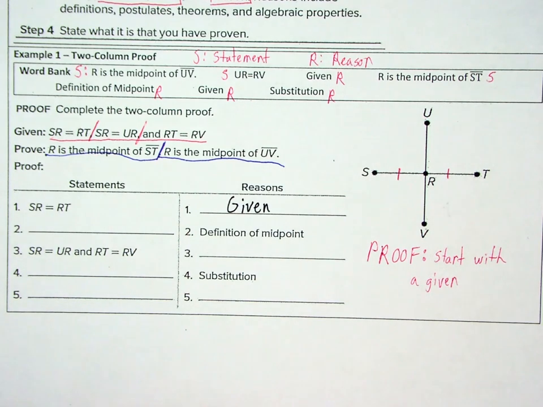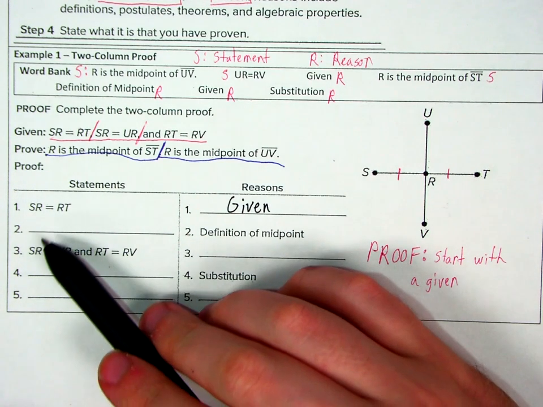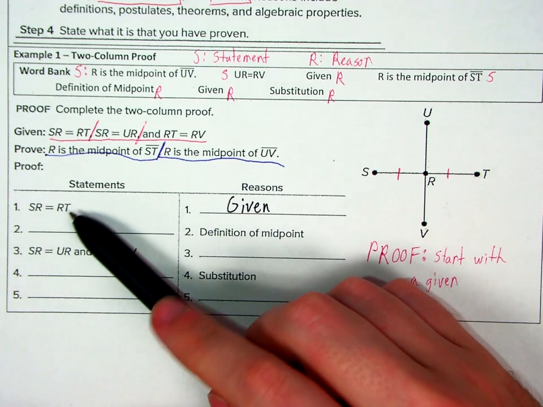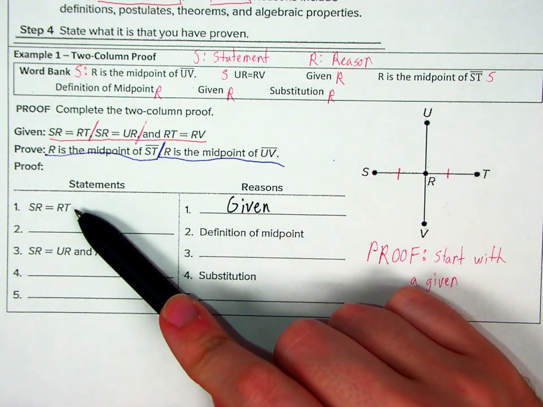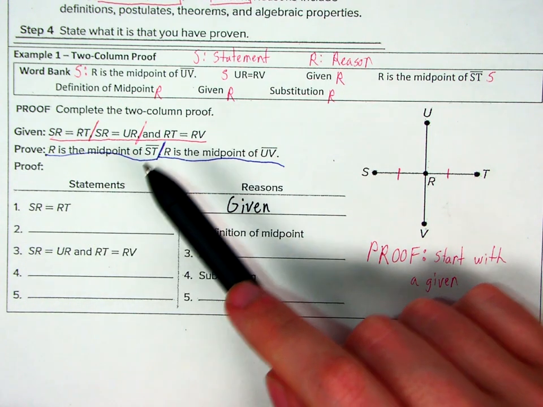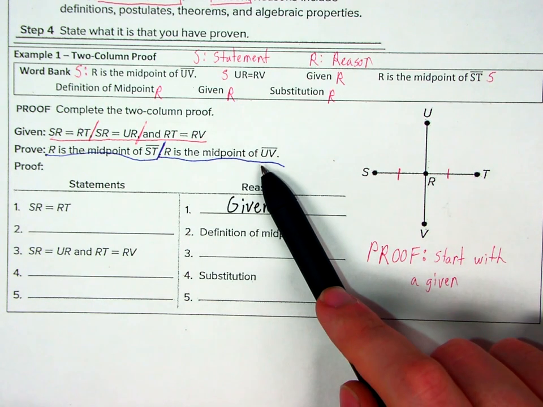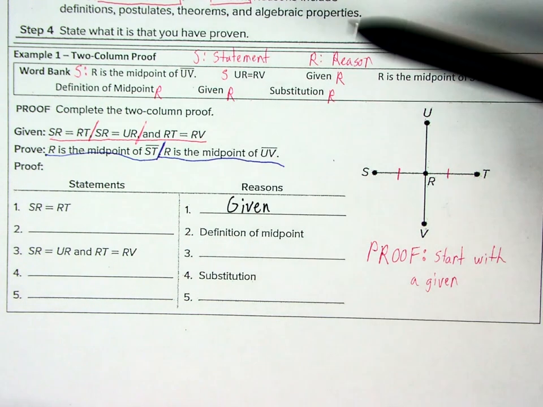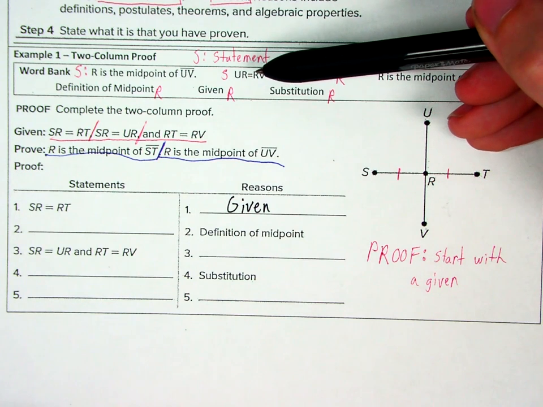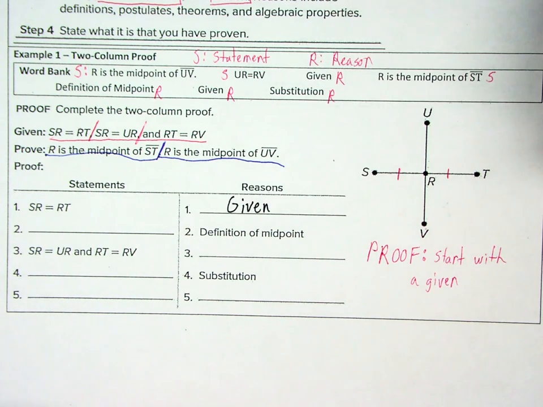Now, some of you are really good at identifying what the next step is. We only know about these three points so far in our statements, so I can't necessarily talk about UV or RV. We want another statement here. We've used a given.